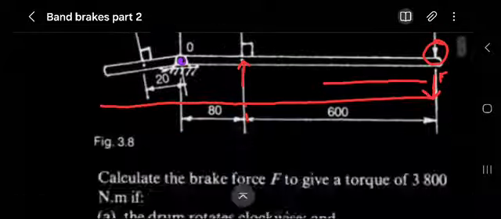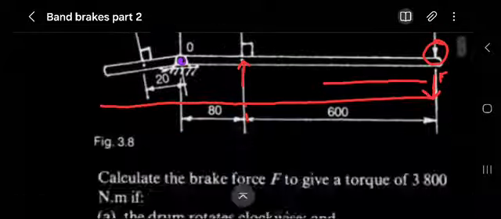So 0.28 times 210 degrees, divided by 57.3.